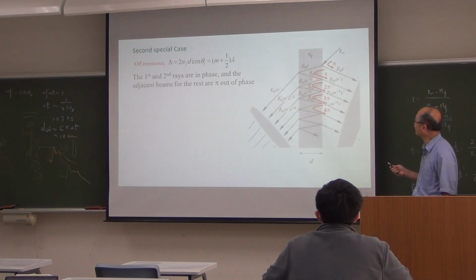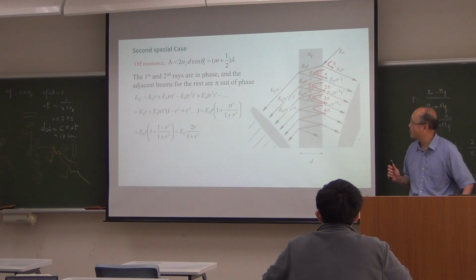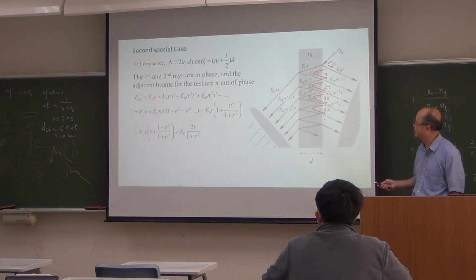So you need to keep track of all the phases, the reflection phase. And then you end up having this result, plus, minus, this alternating sign in this infinite sum. Okay, finish up this infinite sum calculation, you end up having this result.